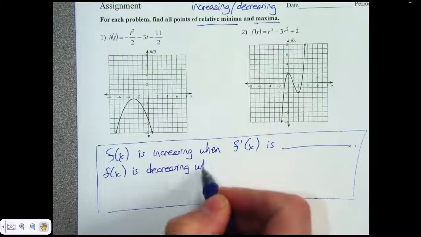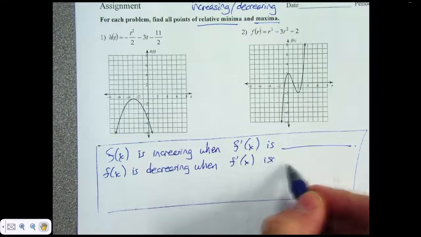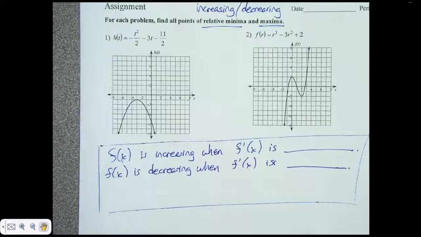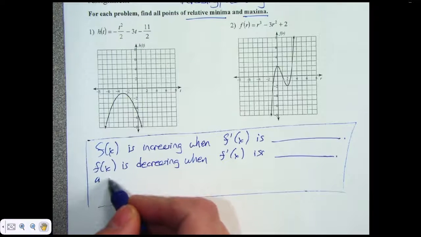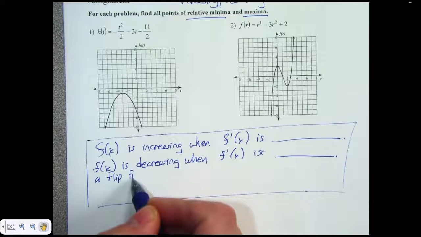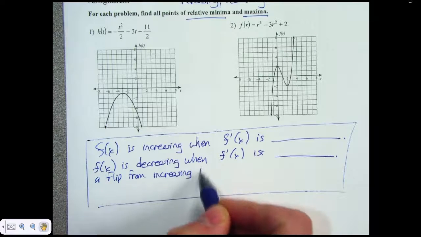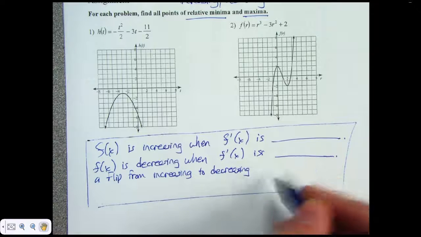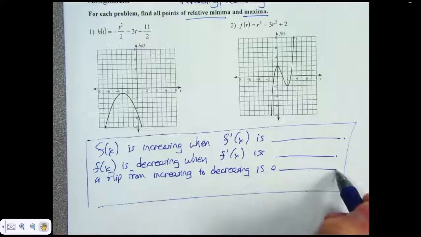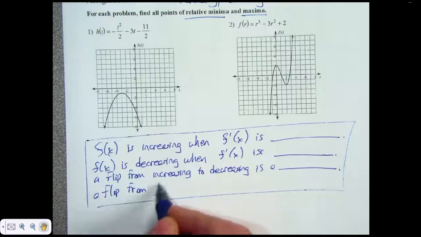F of x is decreasing when f prime of x is blank. A flip from increasing to decreasing is a blank. And a flip from decreasing to increasing is a blank.